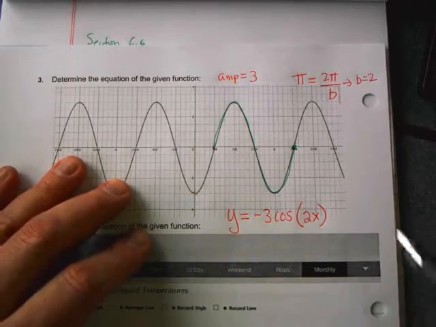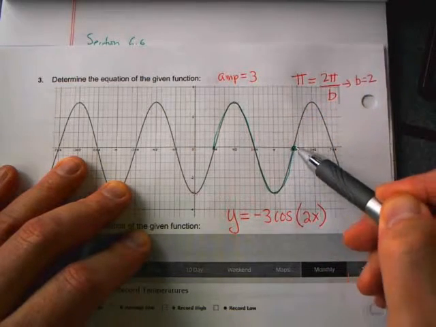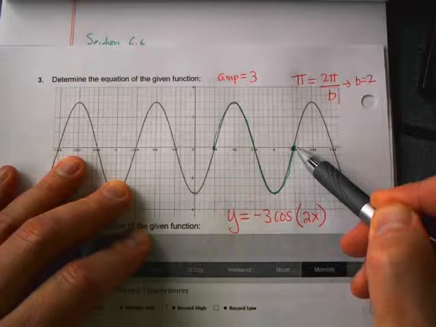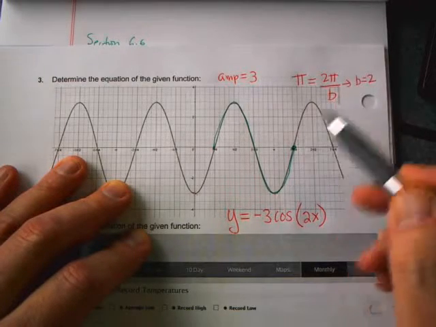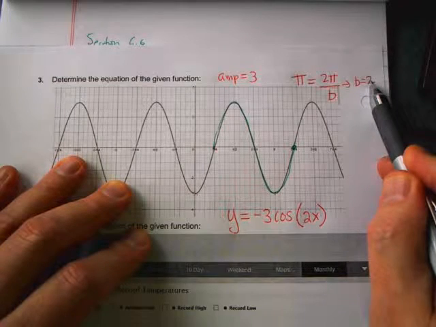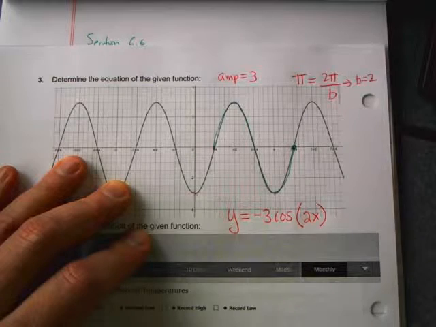If I'm using sine, what's my period? It doesn't change. It's still pi, which means my b number is still going to be 2. What does change? We have a phase shift. What's our phase shift?